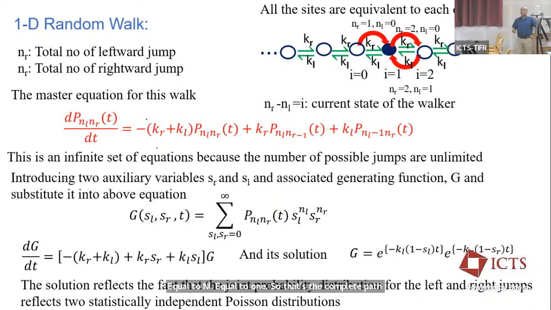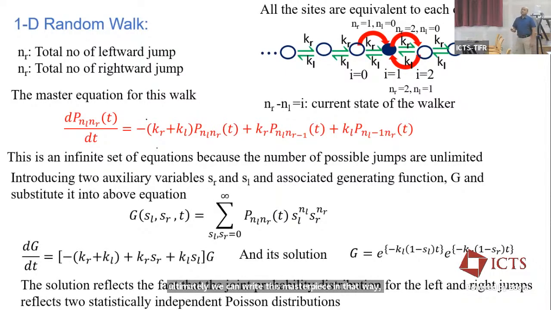If we have such a movement, this is a kind of random walk, and if we write down the master equation for this case, it looks like this. This is the forward rate equation from left to right. If we define the rate constants, from left to right KR and from right to left KL, then we know the rates, and ultimately we can write the master equation in that way.